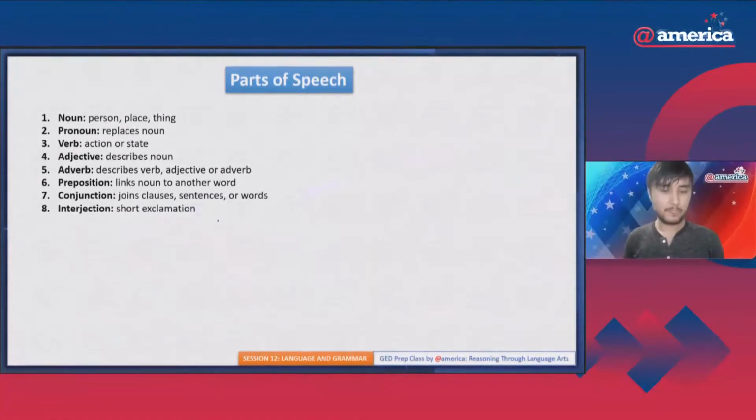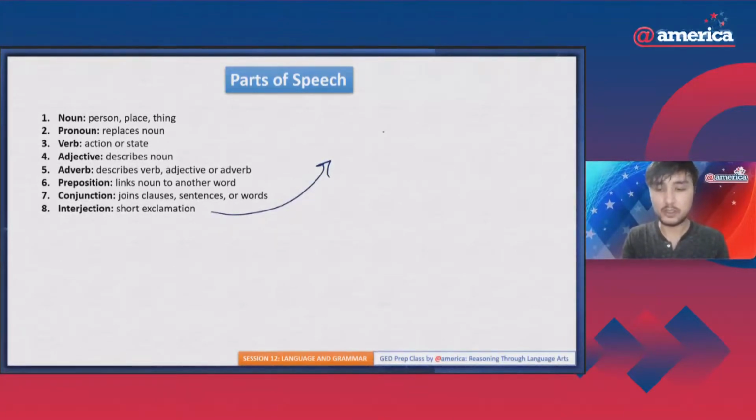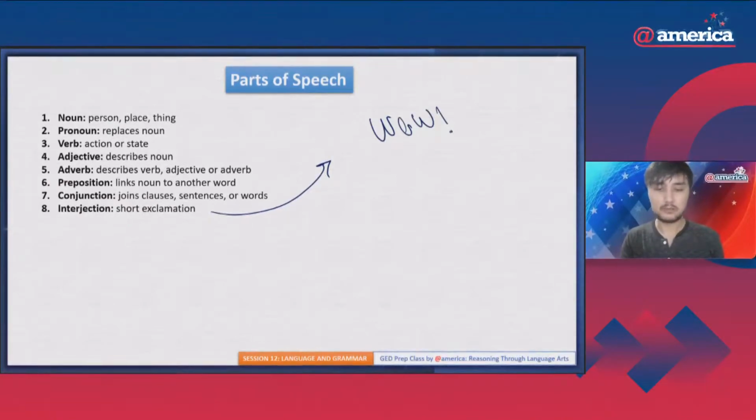So an interjection is basically a sentence or a word that you use when you want to show excitement. And you have words like wow, whoa, oh. They are usually followed by exclamation marks.